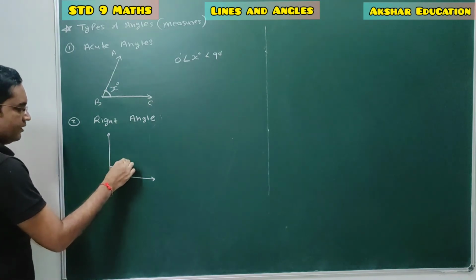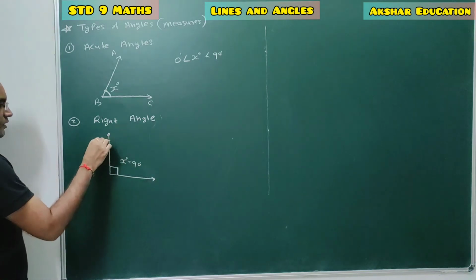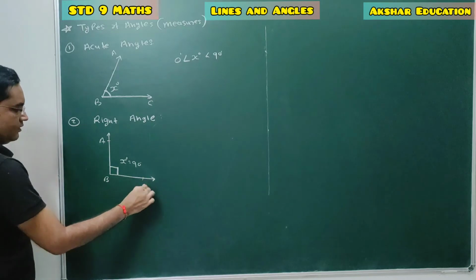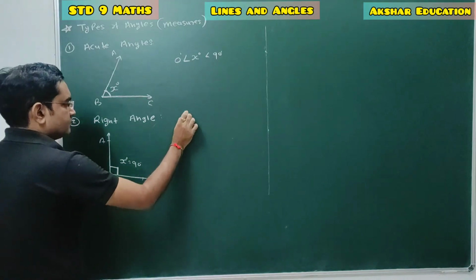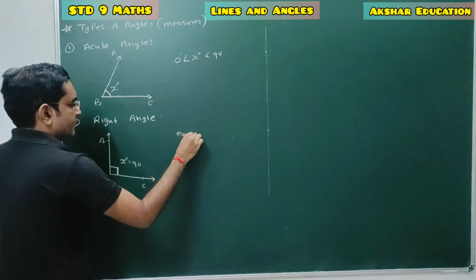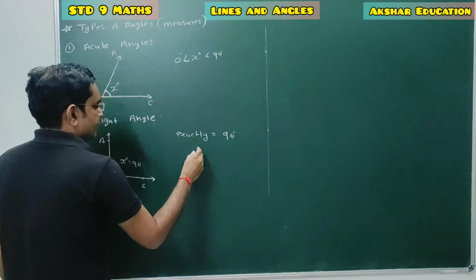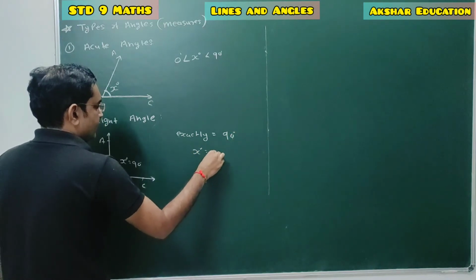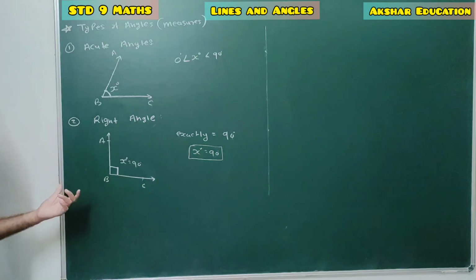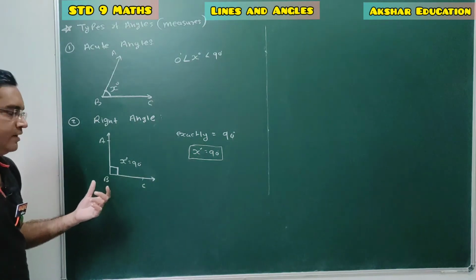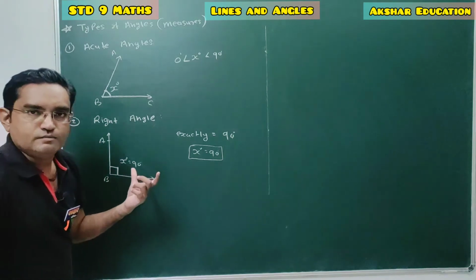So here measure of angle x is 90 degree. So angle ABC. If the measure of angle is exactly 90 degree, that means if x is exactly 90 degree, the given angle is known as right angle.